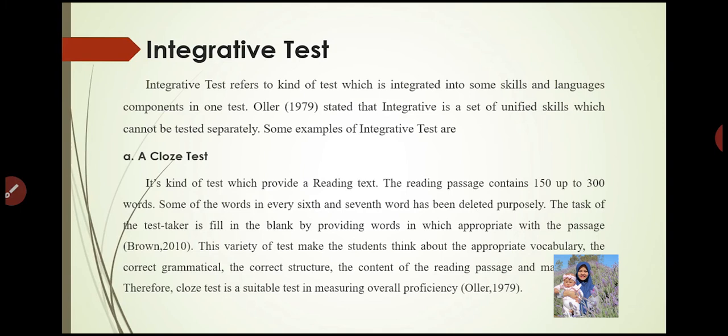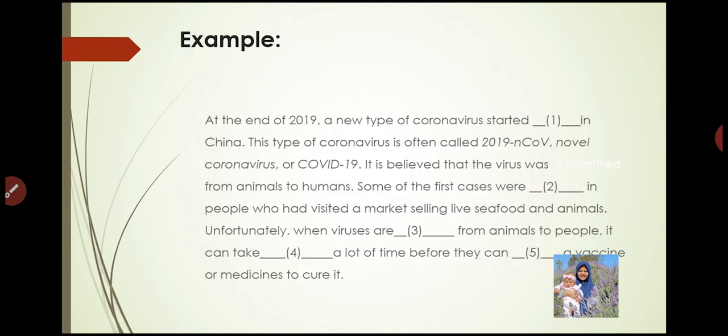Next is the integrative test. An integrative test refers to a kind of test which integrates some skills and language components in one test. So in one test, the students can get more than one skill. For example, a cloze test. A cloze test is a kind of reading test, like in this example.